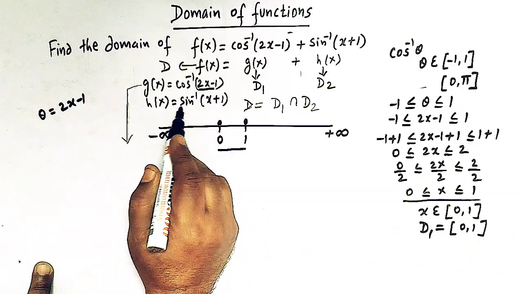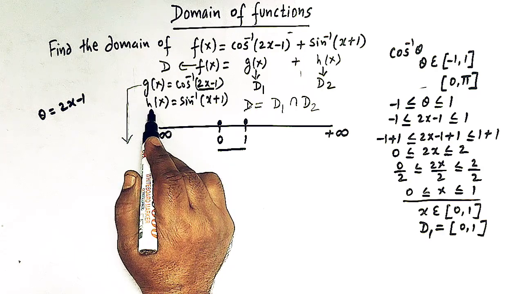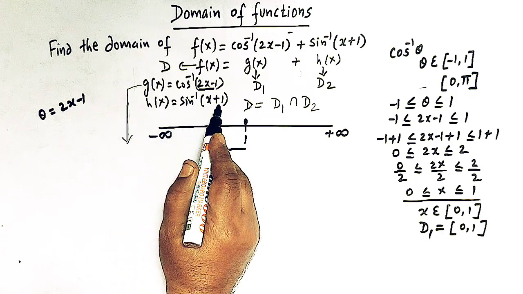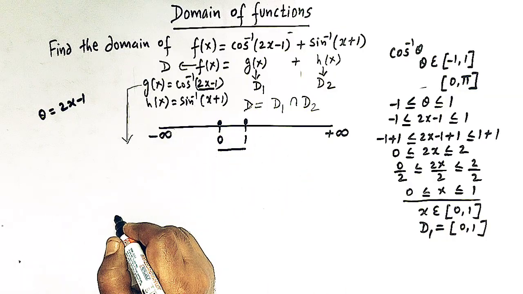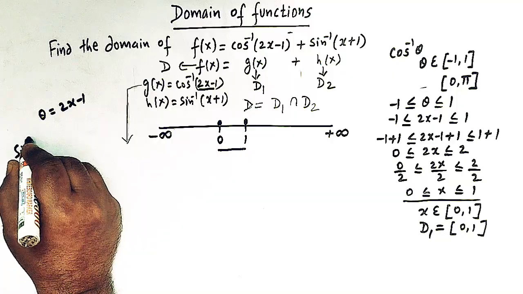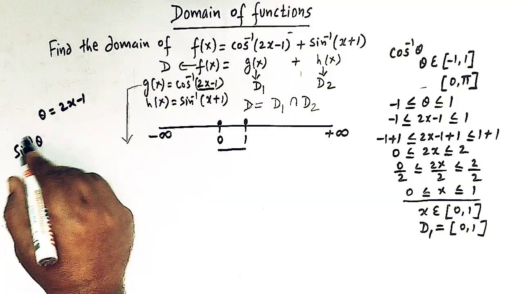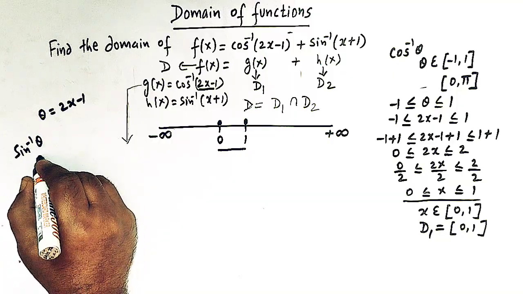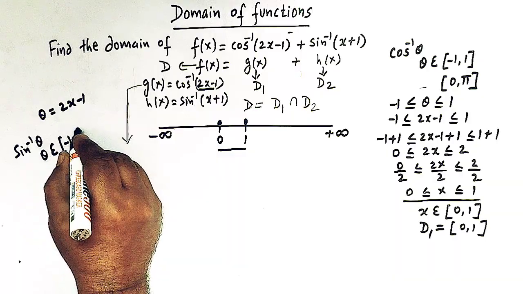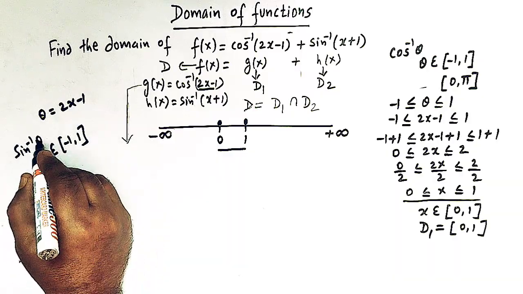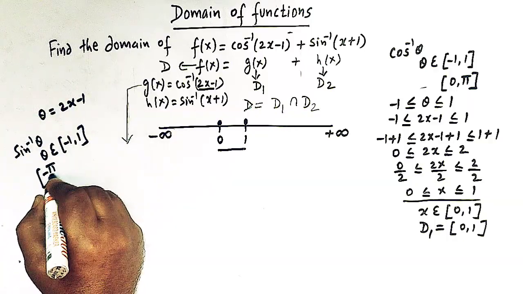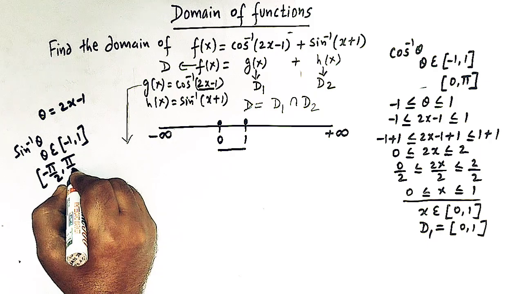Now let us find out the domain of the function h of x. So h of x is sine inverse of (x plus 1), and again from inverse trigonometric functions we know that sine inverse theta is defined for all values of theta belonging to the interval minus 1 to 1, and sine inverse theta has the range minus pi by 2 to pi by 2.